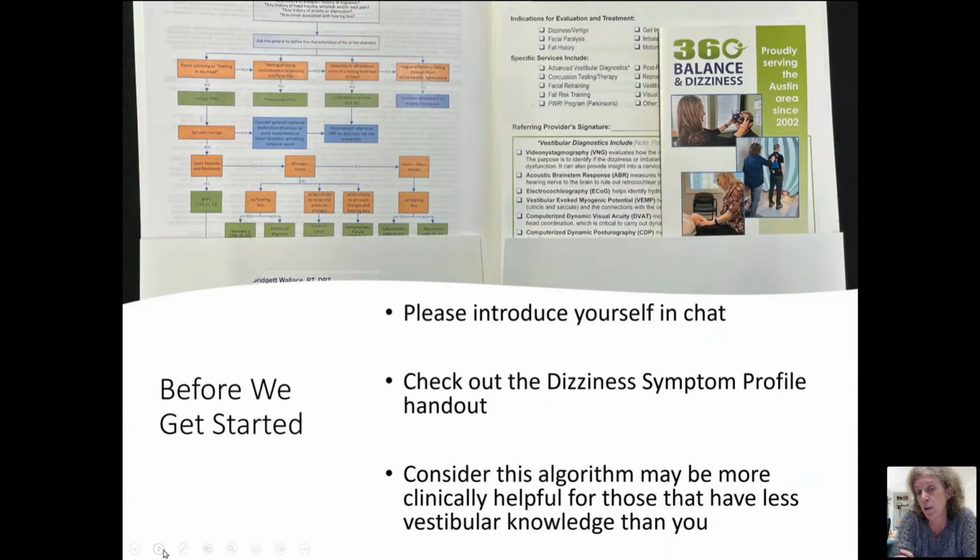A little story about how this algorithm was created: we had a repeated story where a nurse was a patient, a head nurse in an emergency department, and she had the onset of vertigo with hearing loss. She was triaged, diagnosed with vertigo, and told, if you don't get better, go see your ENT.